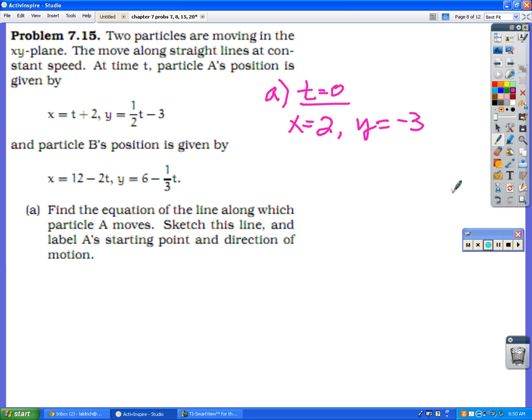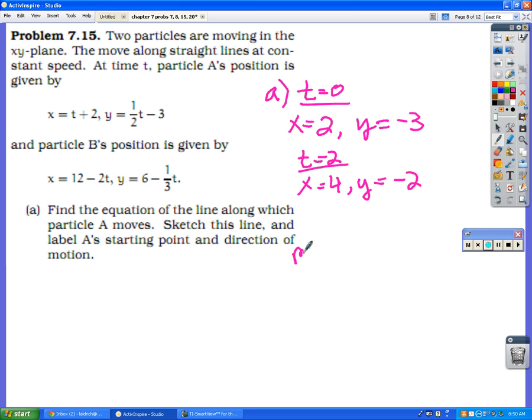Now I need to find another t value to plug in, and I don't want to use 1 because of this 1/2. I don't want to use 5 either. What about 2? Yeah, because I'm just trying to stay away from the fractions. You could use 1, but I'm just staying away from fractions. So if t equals 2, then the x-coordinate is going to be 4, and the y-coordinate is going to be negative 2.